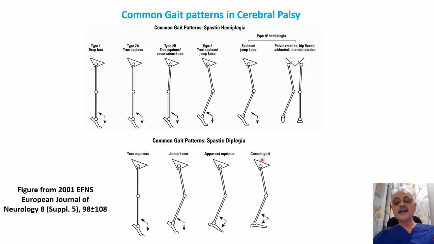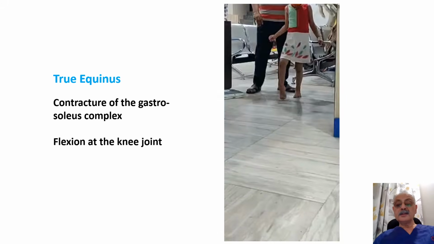And particularly in the crouch gait, you may have a little calcaneus when the patient is in stance phase. So it is very important to appreciate these gaits and realize whether it is a hemiplegia or the diplegia. And I am going to present a few common cases of cerebral palsy where the gait can be interpreted.